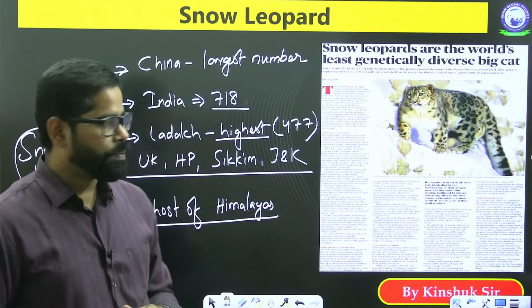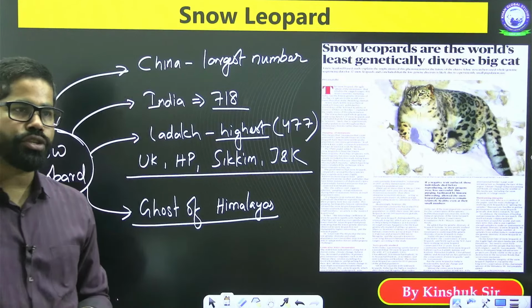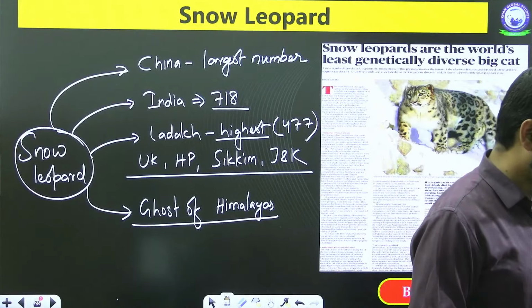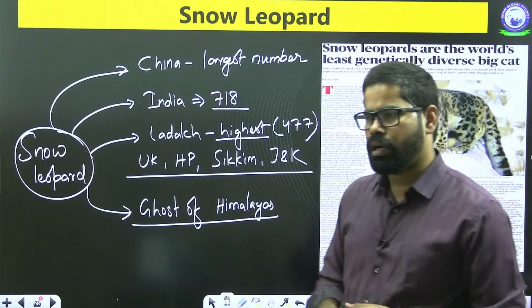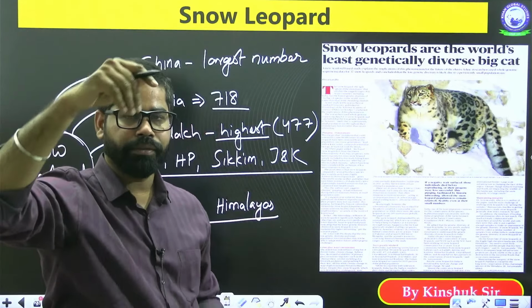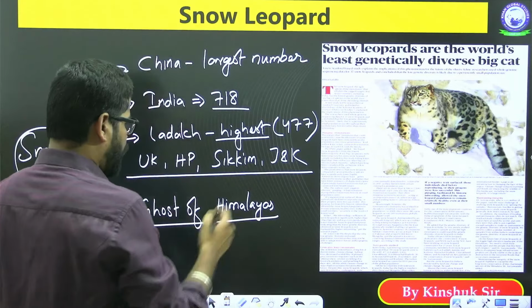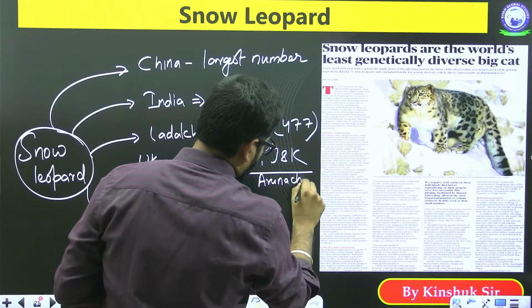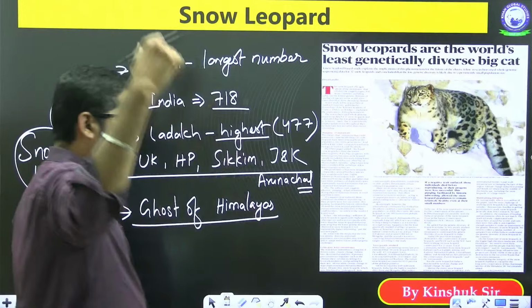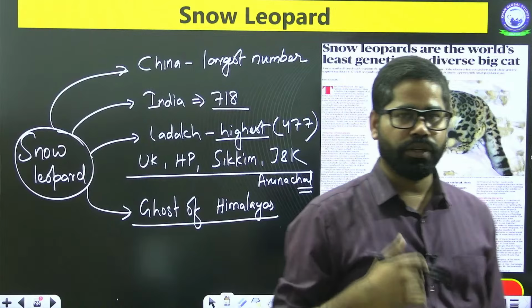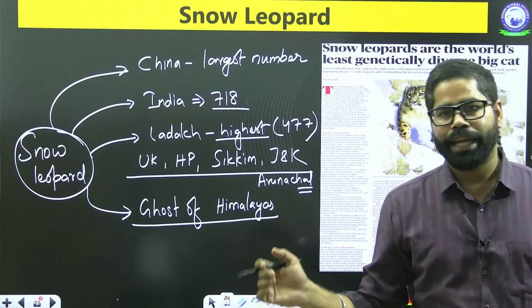Arunachal Pradesh is not having that much snowfall area, but in the Namcha Barwa area it may have the upper portions. Yes, Arunachal Pradesh also. In the upper regions, where the height exceeds 5,000, 6,000 or 7,000, you might have it.